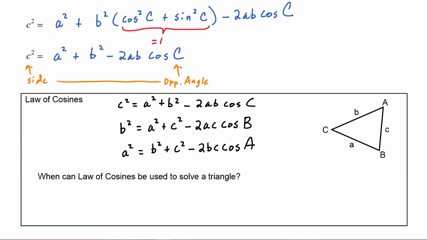When you're solving triangles, there are only certain situations when you can use the law of cosines, and the two situations are when you have side angle side or when you have side side side. Now what side angle side means is if two sides and their included angle are known.